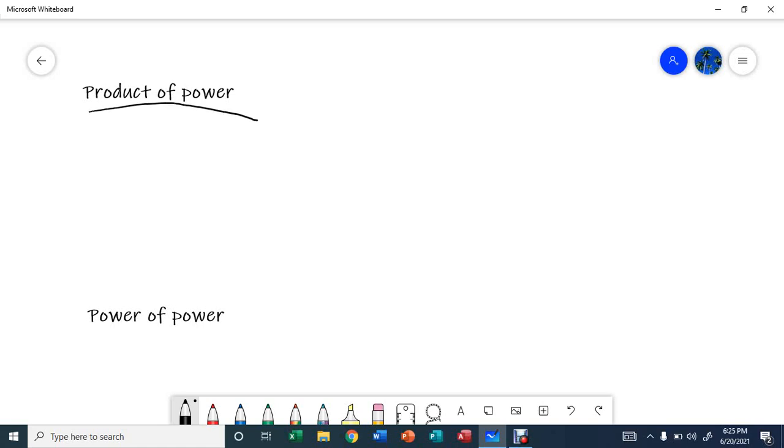For product of power, you have to have the same base, like a to n times the same base again, a to m. So you keep the same base a and you add the powers, n plus m.